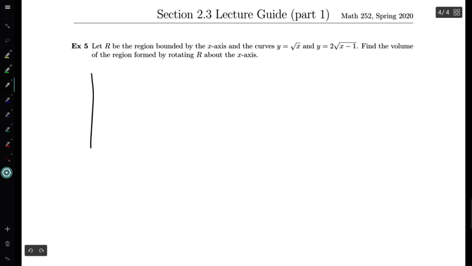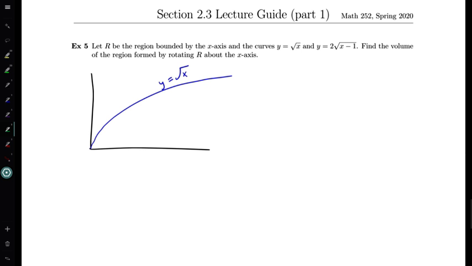We're using the x-axis as one of our bounds, and both of these curves live in the first quadrant. The curve y equals square root of x, we know something about what that looks like. The curve y equals 2 root x minus 1: looking at root x minus 1 means take the graph of root x and shift it to the right 1 unit.